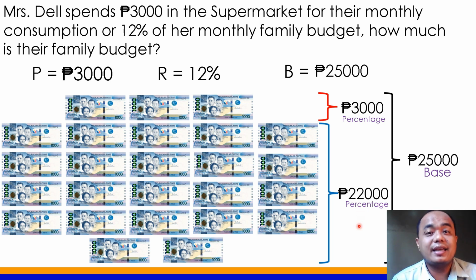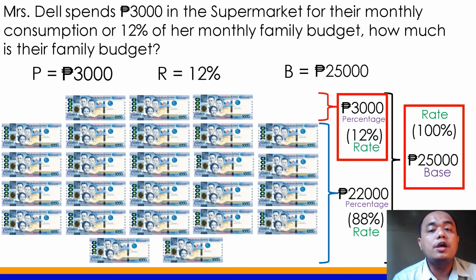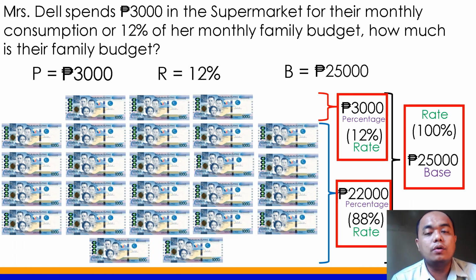Yes, that's 88%. Okay? So, babasahin natin yung pera nila, monthly allowance is 25,000 and that is 100%. Ang nagastos ni Mrs. Del sa supermarket ay 3,000 and that's equivalent to 12% sa kabuuang budget nila sa isang buwan. At ang natirang pera nila ay only 22,000 na lang and that is equivalent to 88%.